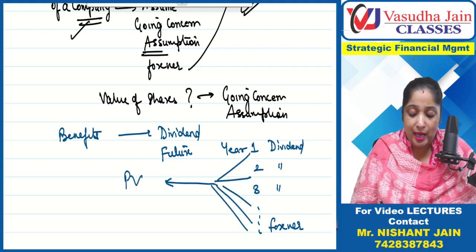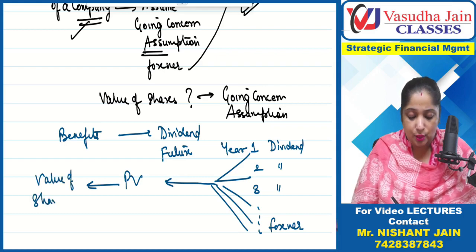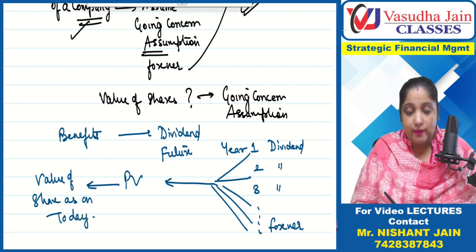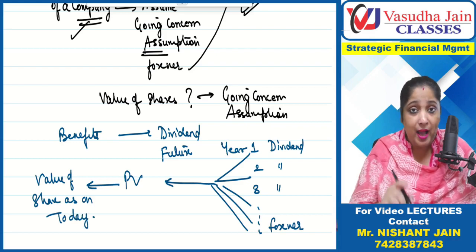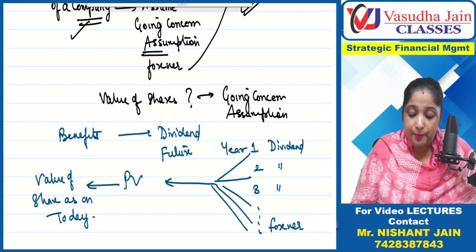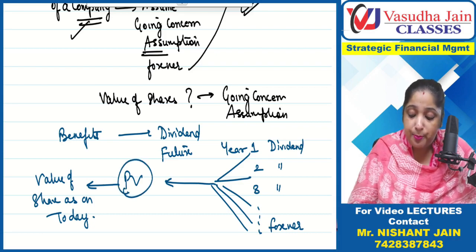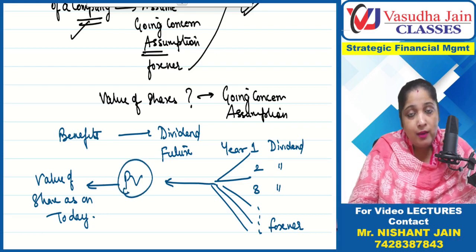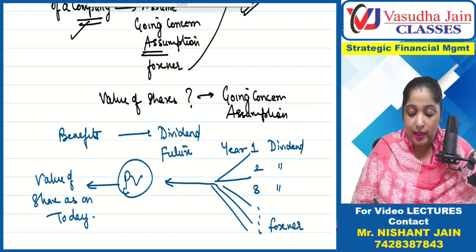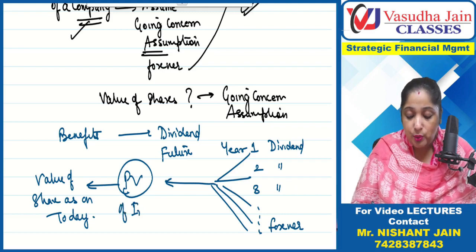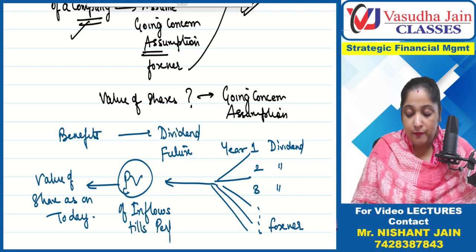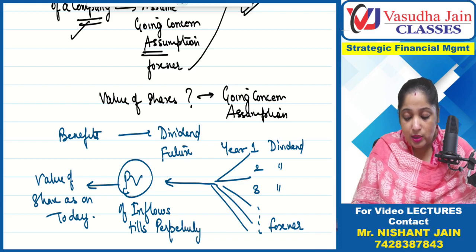Through present value, because that present value will be the value of the share as on today. So that is why we have to teach you how to find the present value of perpetuity inflows, inflows which are going to come forever. So this is my target now.